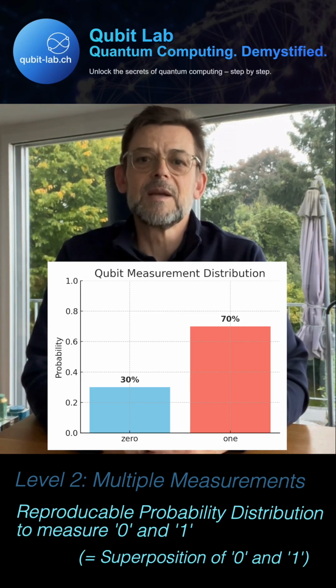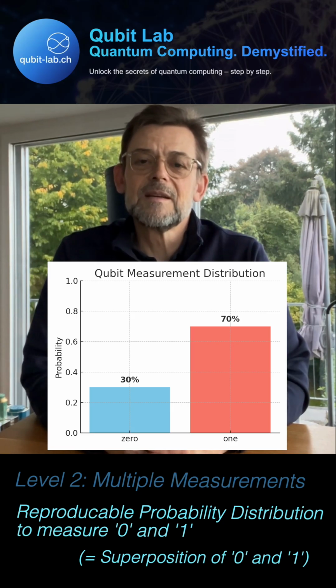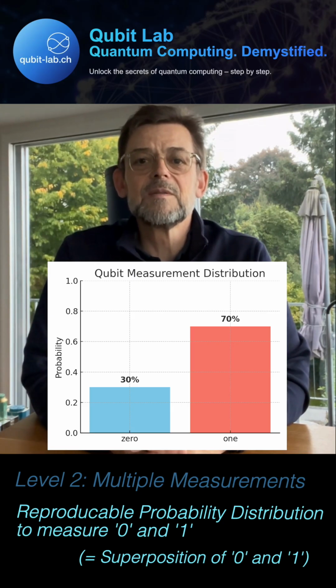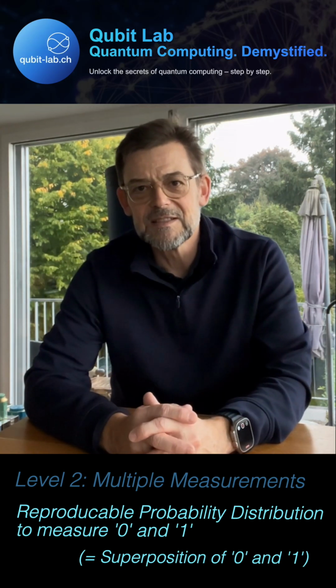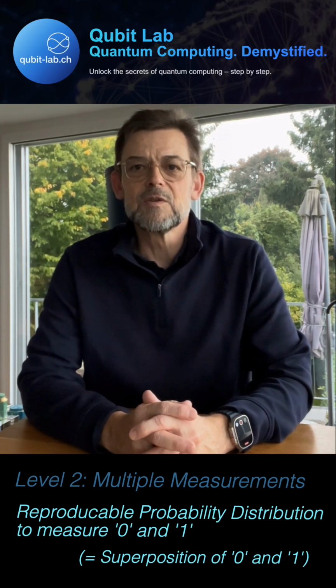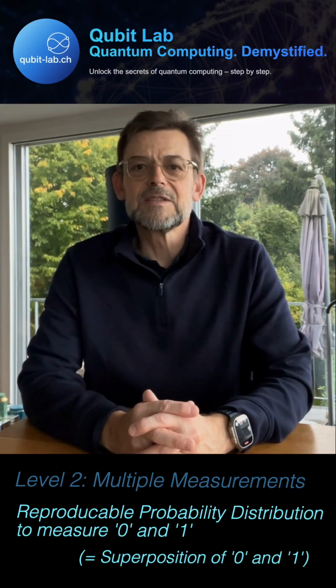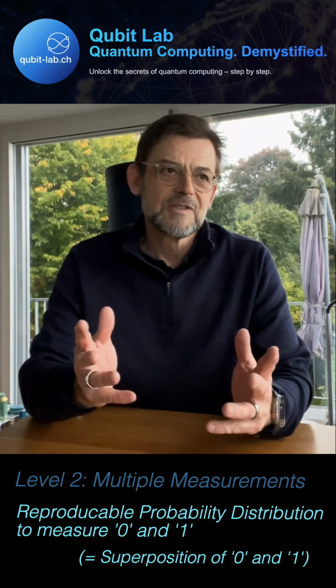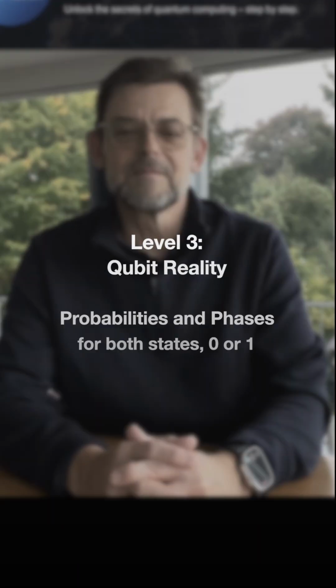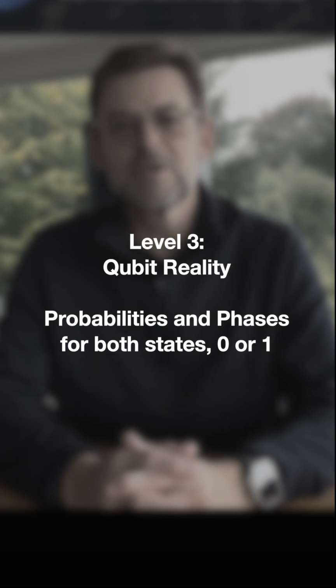That is what people mean when they say a qubit can be both 0 and 1 at the same time. It carries probabilities for both outcomes. This phenomenon is called superposition, meaning that in the qubit both states, 0 and 1, are present simultaneously. Not as classical values, but as probabilities that only reveal themselves when we measure. And that is still not the full picture.